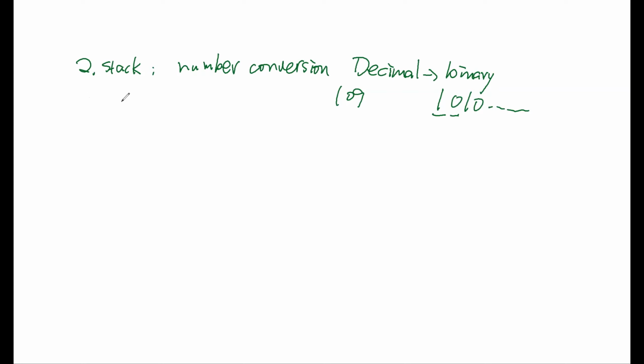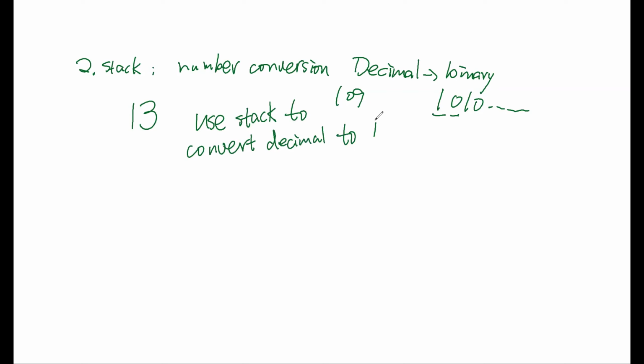So how do we do that? Let's take a look at an example. Suppose we want to convert 13. How do we do it? We can use the stack concept, we can use a stack to convert a decimal to binary.